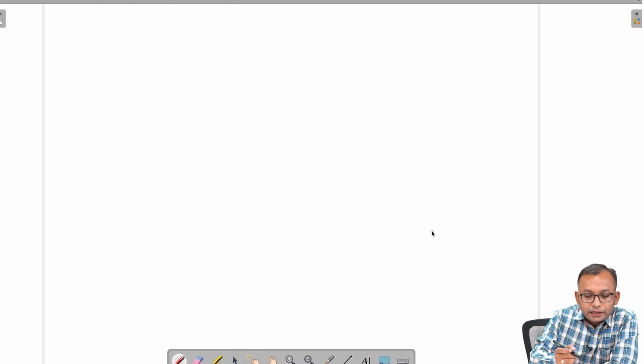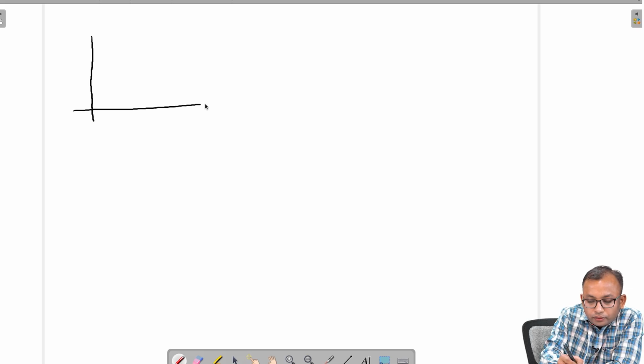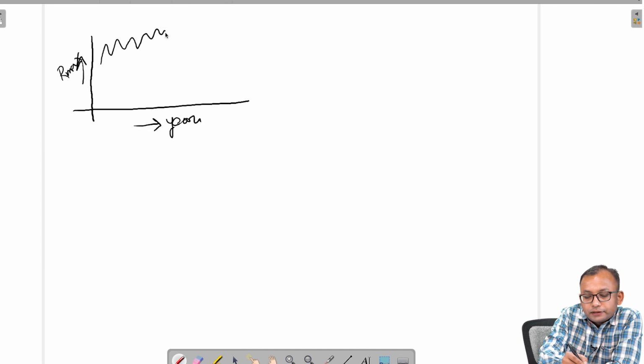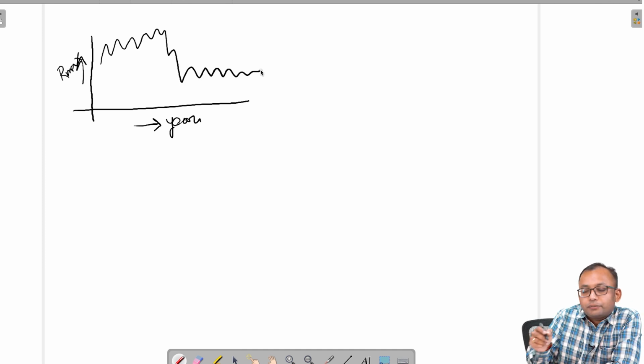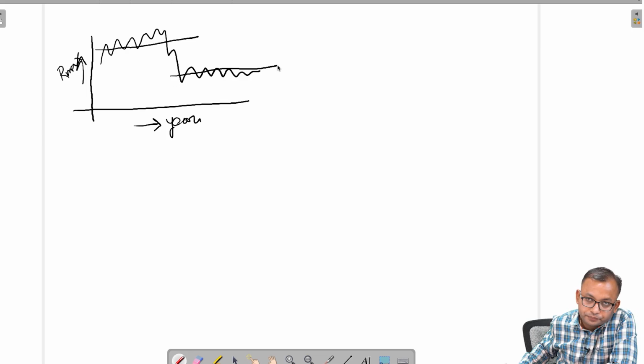We can understand from an example. Let us say this is a time series plot. This is the year information, and this is rainfall maximum. It was varying like this, and now suddenly it is like this. If you take the mean of this part of the data set, it is somewhere here, and the mean of this part would be somewhere here.